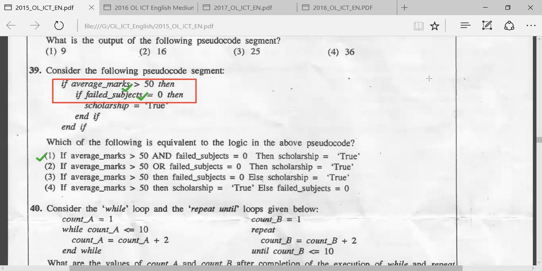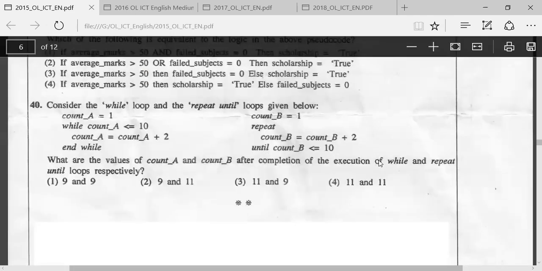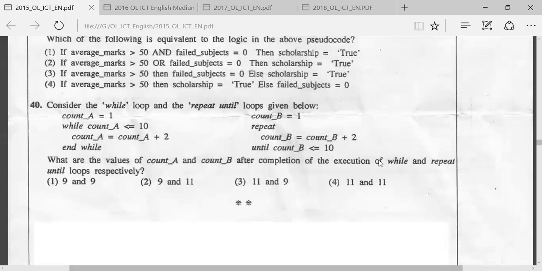Question number 40. Consider the while loop and the repeat until loops given below. So there's a while loop.